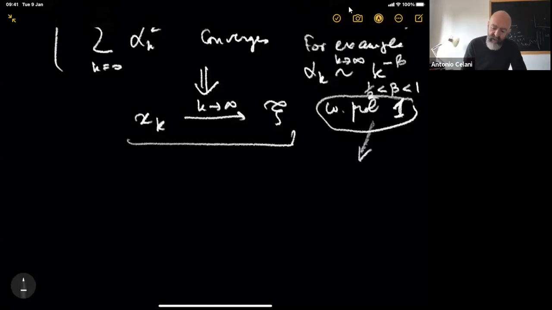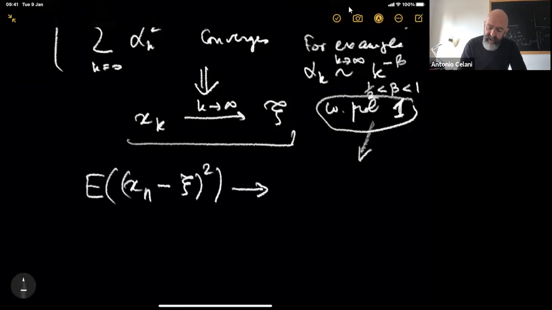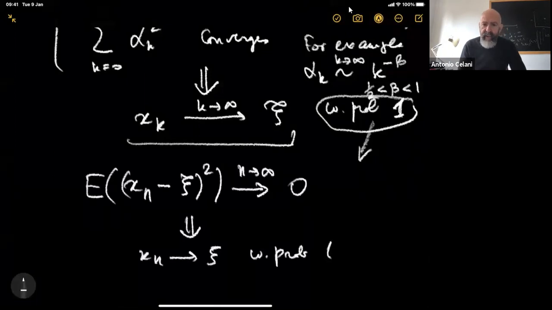So what we are actually going to show is that if we consider the expectation of (x_n - 0) squared, I'm going to switch between k and n, doesn't matter, it's just one step of my algorithm. If this expectation goes to 0 as n goes to infinity, this implies that x_n goes to psi with probability 1. Do you agree with that?